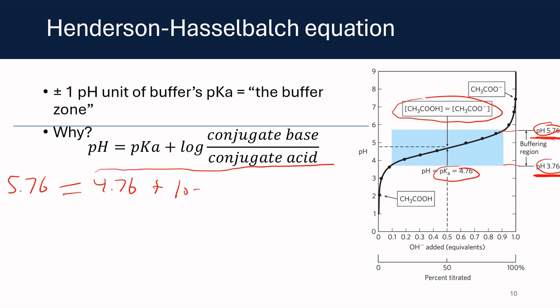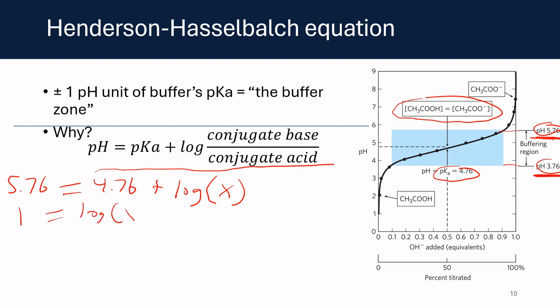Plus the log of, oh dear, we don't really know the concentrations of conjugate base or conjugate acid. I guess I never got around to making up numbers for those. Who cares? Let's just throw in a big X for now and not sweat about it. Okay? Hardest math you'll ever do in this lecture. 5.76 minus 4.76, that equals 1.